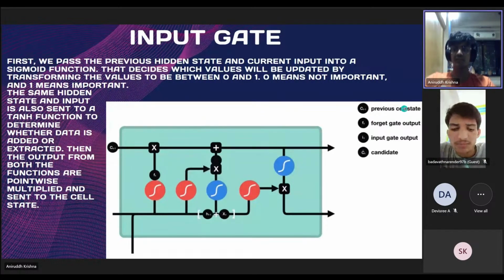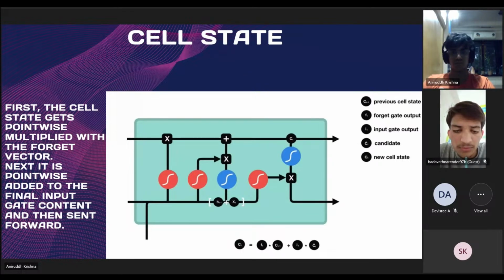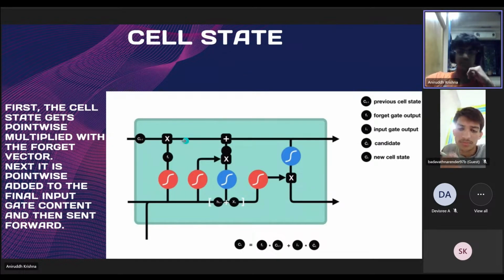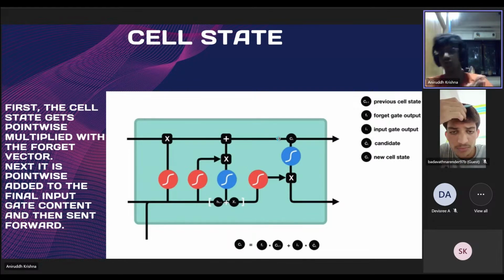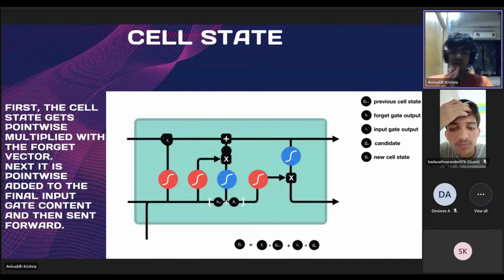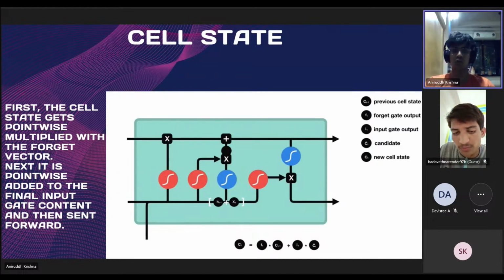Now, after this is done, we'll come to what happens in the cell state. Like I've said, it first gets pointwise multiplied with the forget gate, pointwise added to the input gate, and then it finally goes towards the output gate. The information first of all goes directly to the next time step cell state, and it simultaneously also enters the output gate.